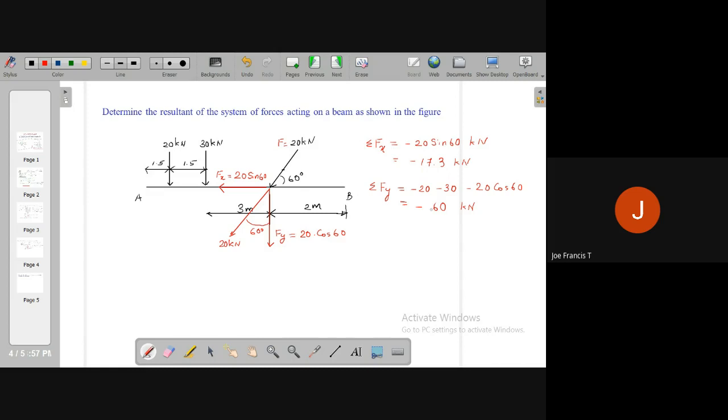Now you can find the resultant force and its direction. Resultant force means you have to represent this graphically, as I used to tell you earlier. There are two forces, Fx and Fy, both negative. So you have one force in this direction and one force vertically acting downward.